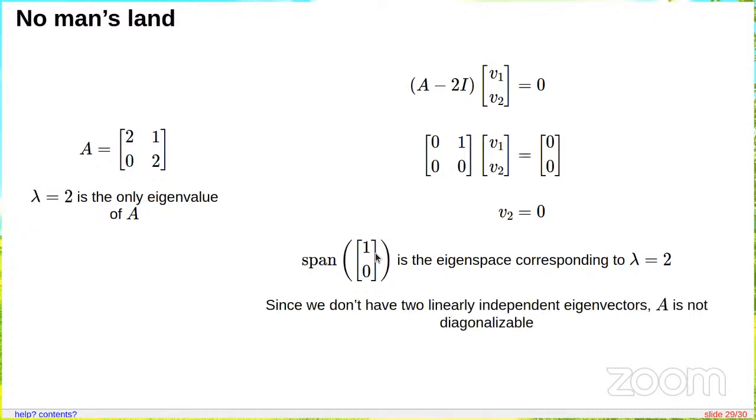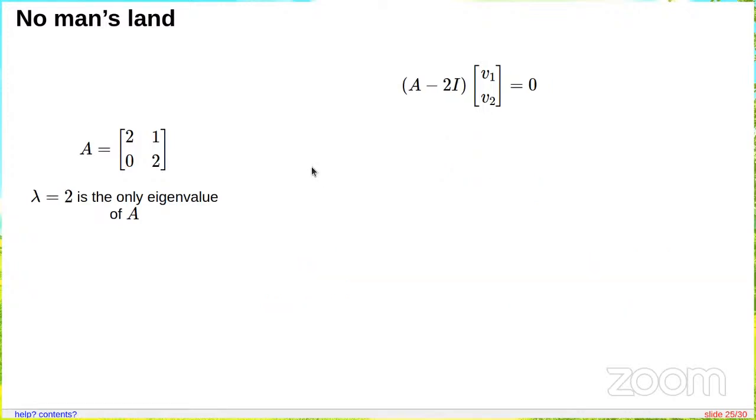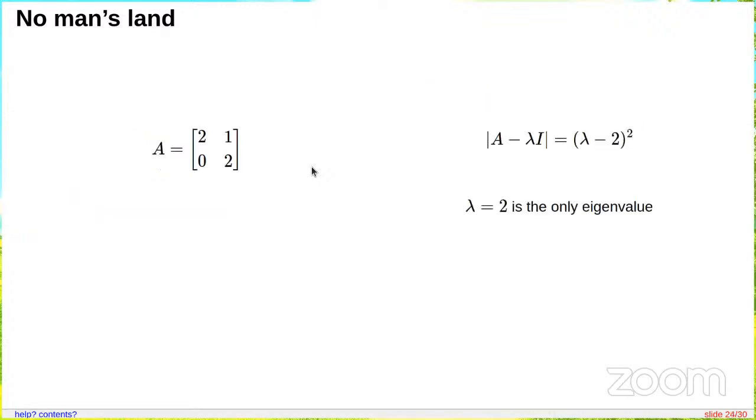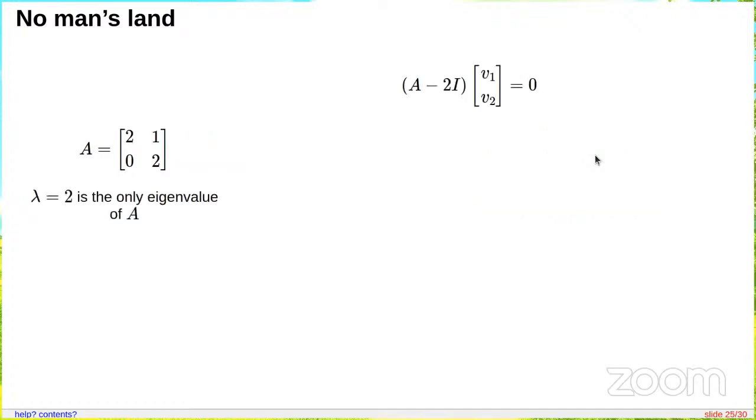Will you repeat the entire thing again? So 2 is the only eigenvalue, right? That is clear. Because 2 is repeated twice, there are two eigenvalues, but lambda equal to 2 is the only one. So you go ahead and find the eigenvectors: A minus 2I times v equal to 0.